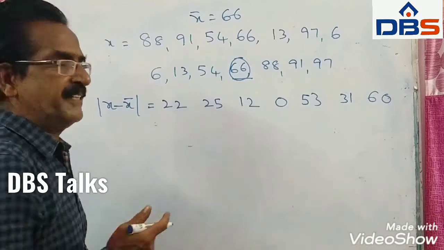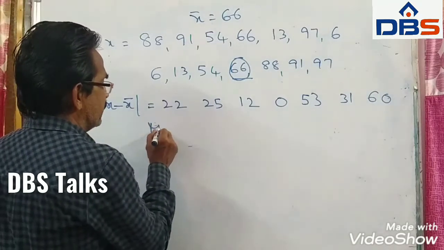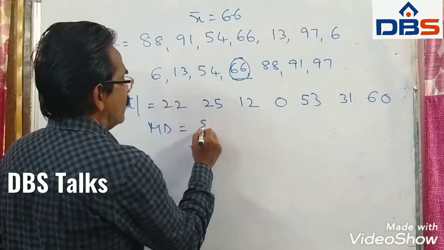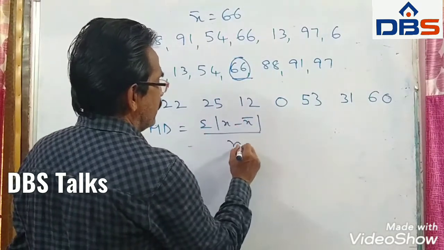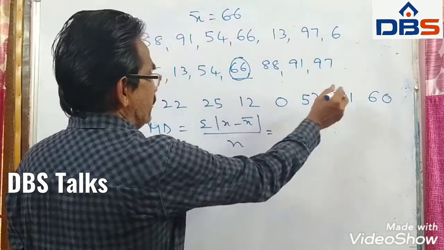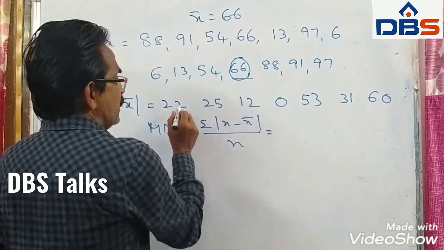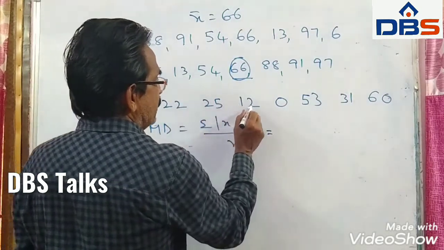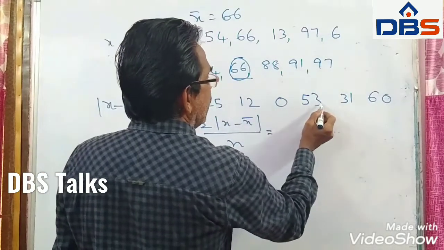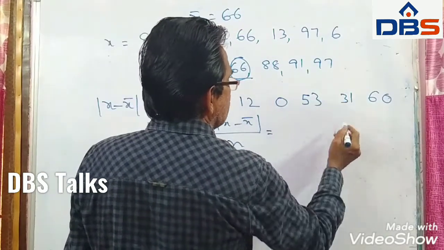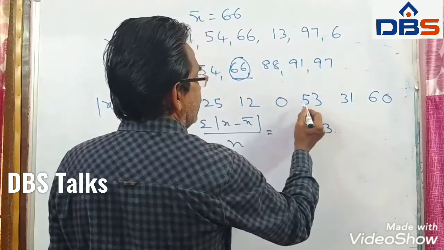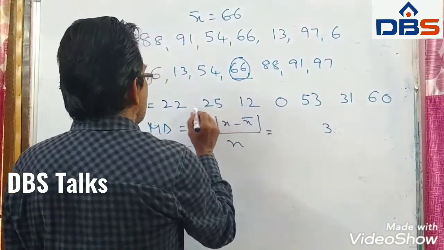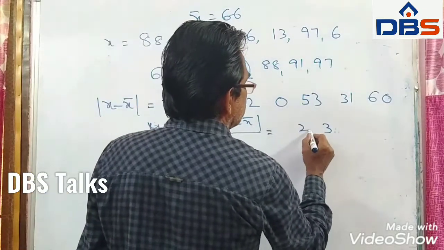So now mean deviation is sigma mod x minus x bar by n. So let us total sum these things. 2 plus 5 is 7, 9. 9 plus 3, 12, 12 plus 1, 13, 1 plus 6, 7, 10, 15, 16, 20, 203.